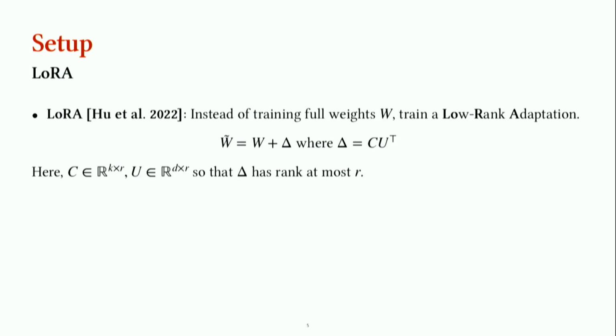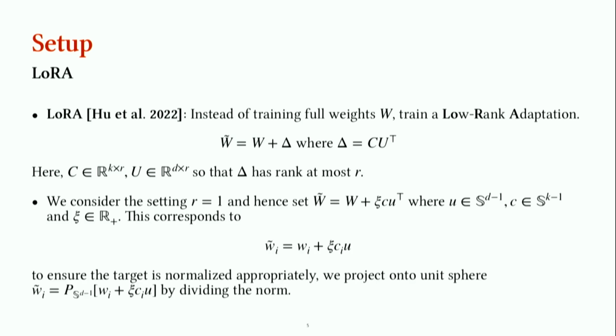So to make a natural assumption on the target function, we consider the LoRA algorithm, which is highly successful in practice. People have shown that instead of fully training the matrices, you could train low-rank perturbations, and this does well in many practical tasks that we care about. So a natural idea is that maybe the target model should be some low-rank perturbation of your base model.